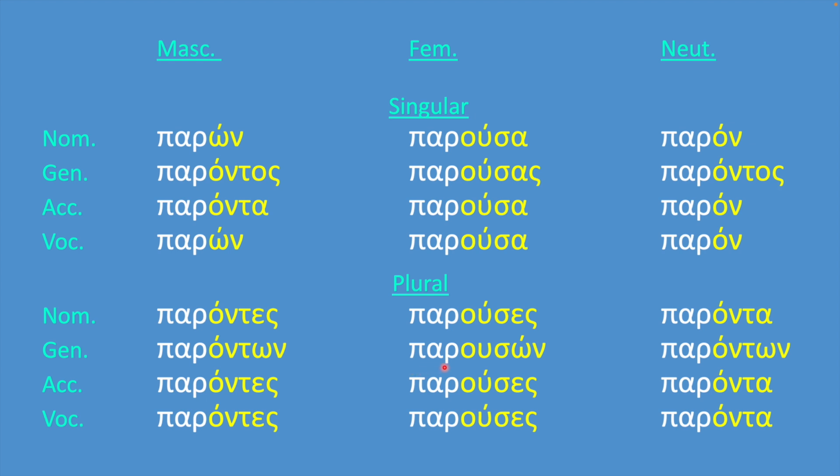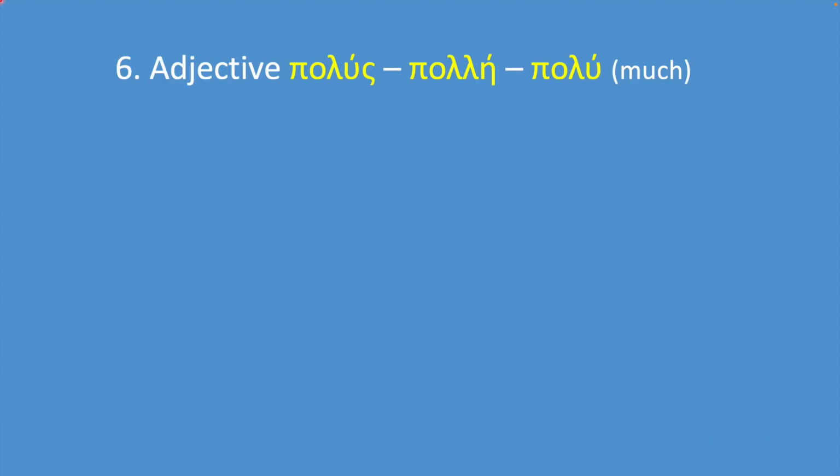Παρούσες, παρουσών. Here the accent goes to the last syllable. Παρούσες, παρούσες. Παρών, παρόντος, παρών, παρών. Παρόντα, παρόντων, παρόντα, παρόντα.